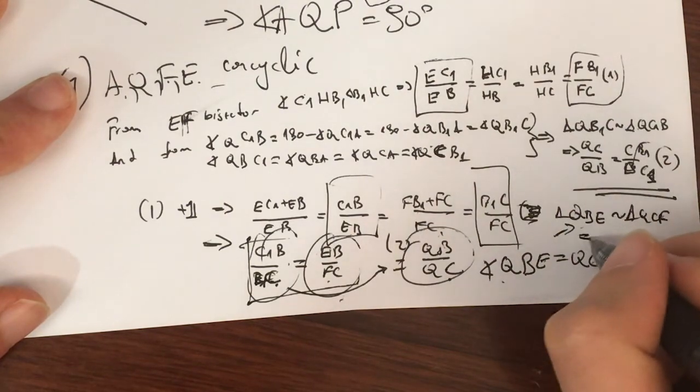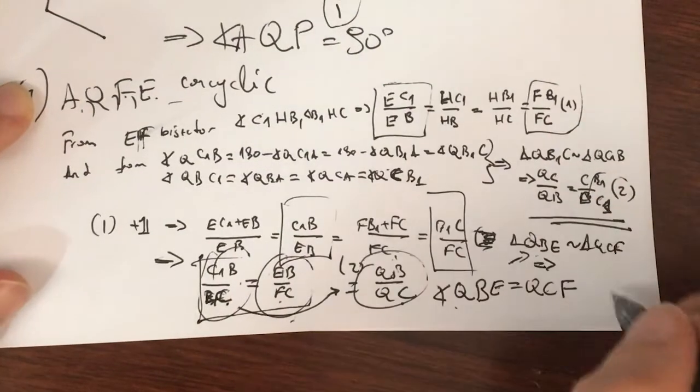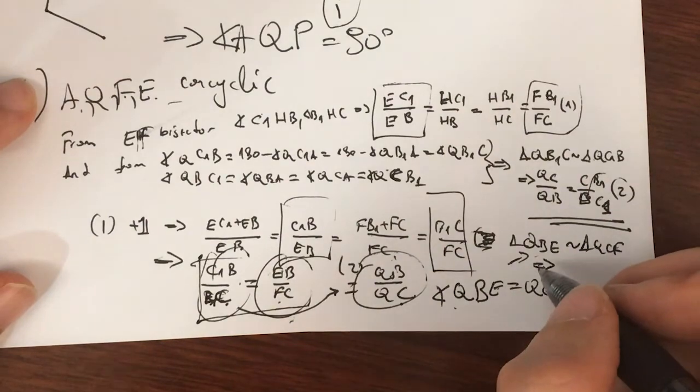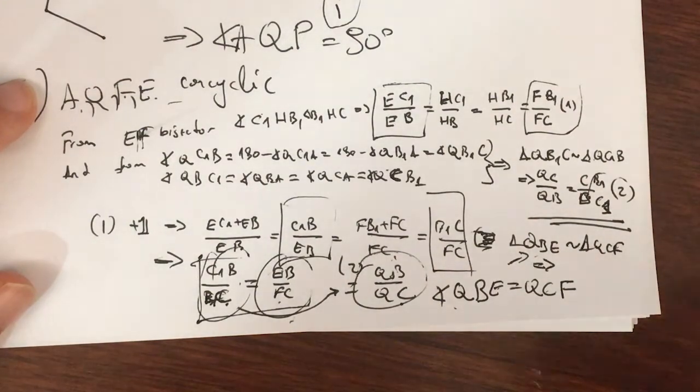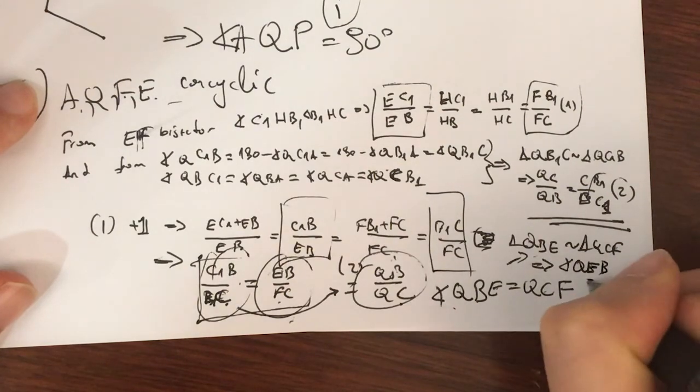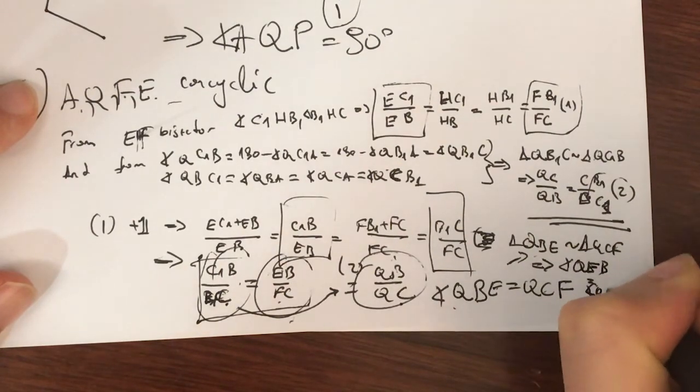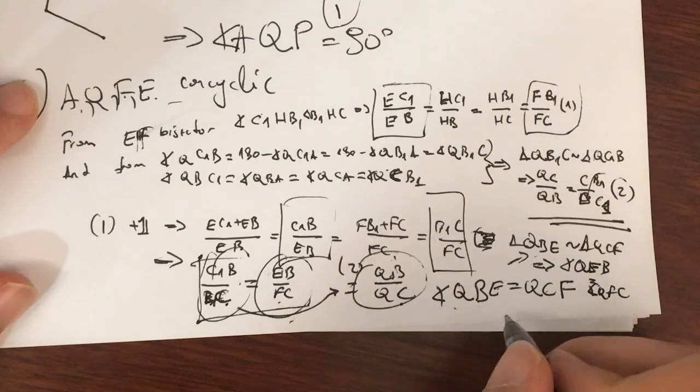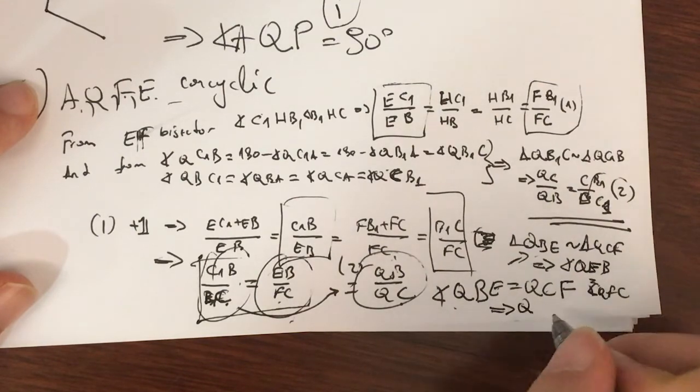And this implies that the angle QEB is equal to the angle QFC, and this implies that Q, E, F, A are concyclic.